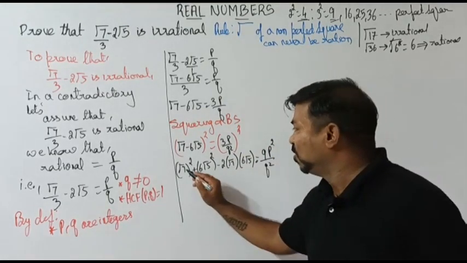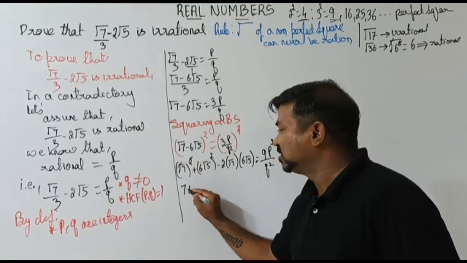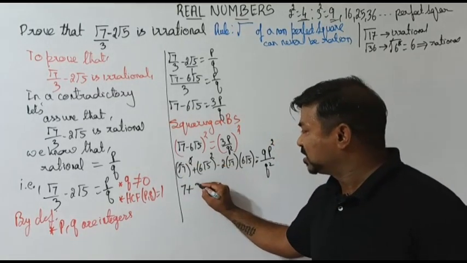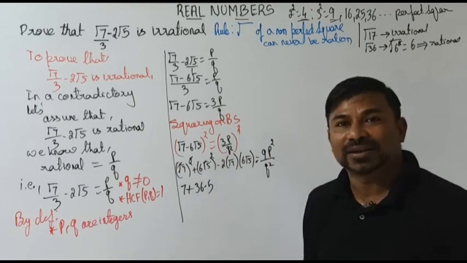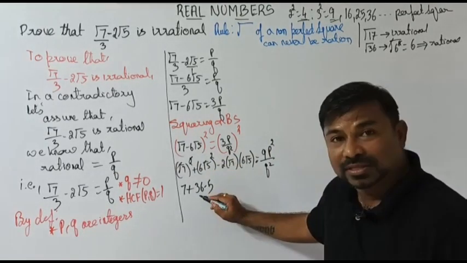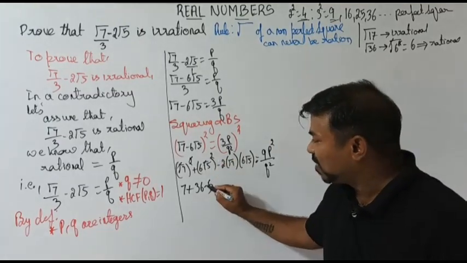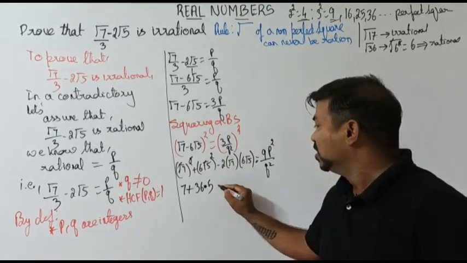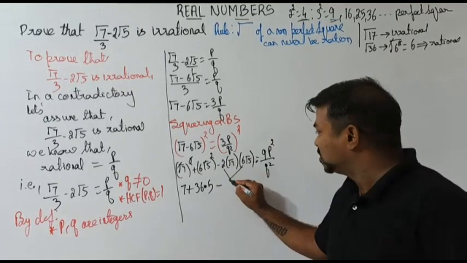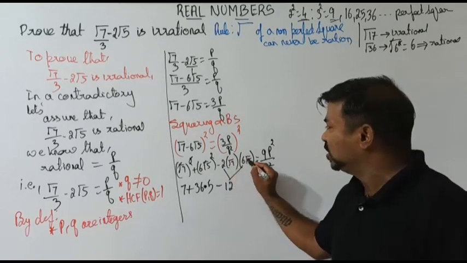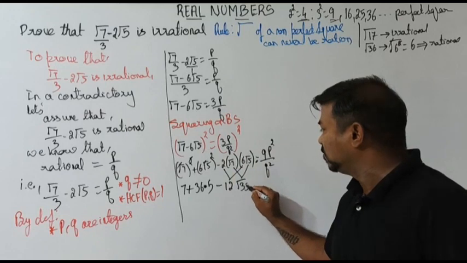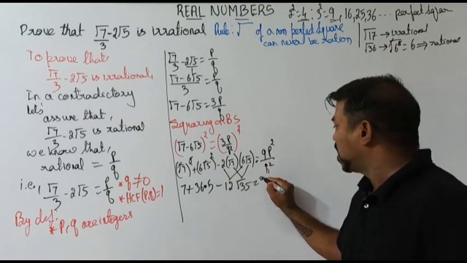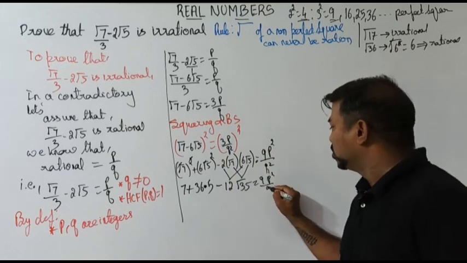Now as you all know, the square and root get cancelled. 6 square is 36, and the square and the root get cancelled, it's nothing but 5. I repeat, 6 square 36, root 5 squared 5, 36 into 5. Here 2 into 6 is 12, and root 7 and root 5 is root 35, which is equal to 9p square by q square.